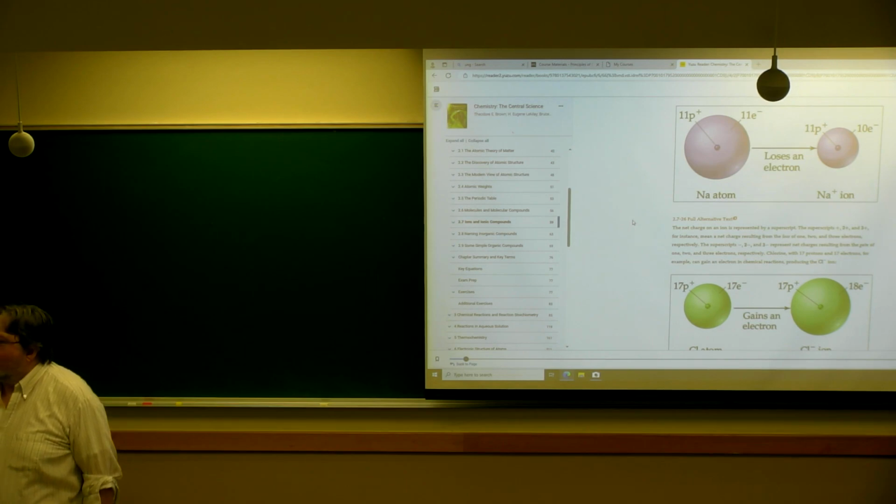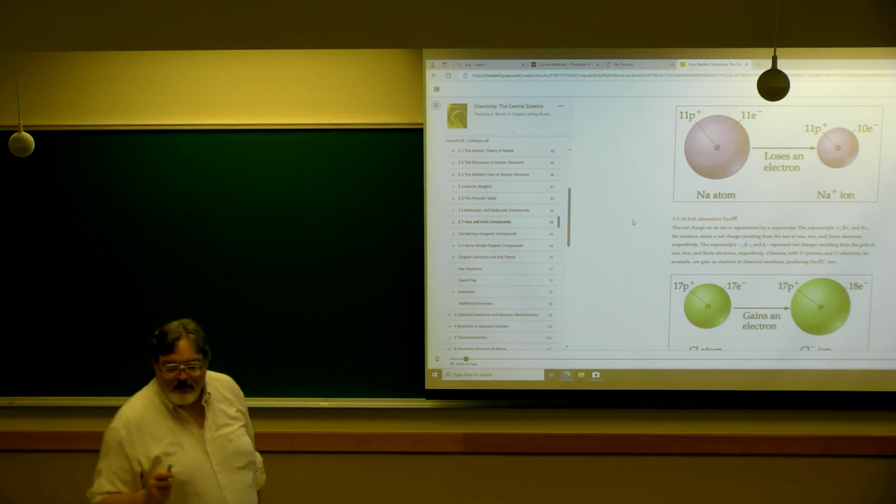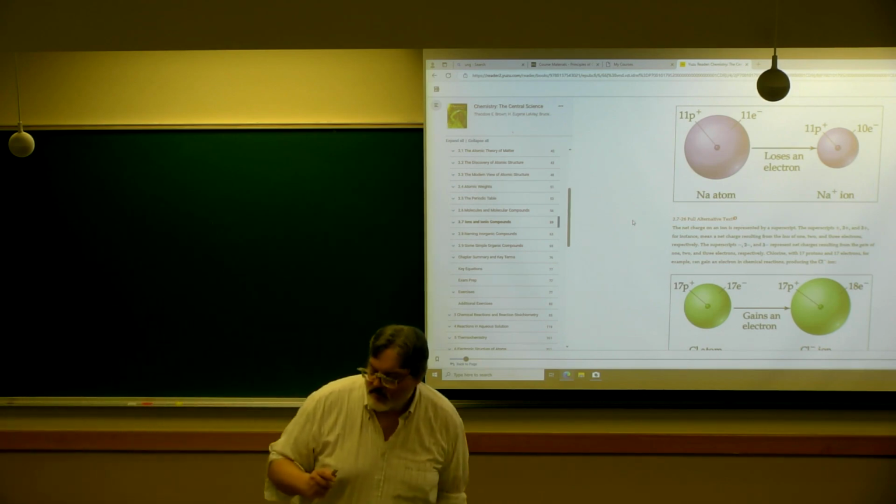So carbon and silicon will do that. Nitrogen and phosphorus will be -3. Oxygen, sulfur, selenium, tellurium will be charged -2 if they're charged. These will be all charged -1, and just ignore the noble gases. So that's simple enough straight off the periodic table.